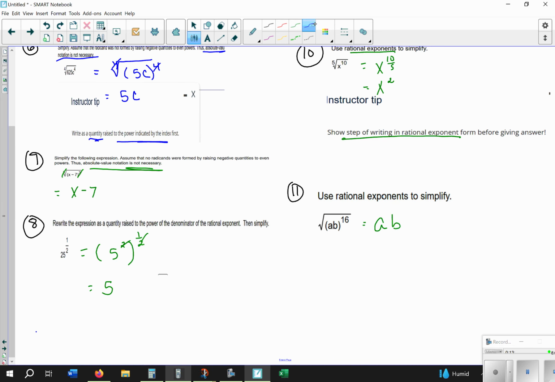And very importantly here, parentheses are required to be part of the answer. So we would have 16 over 2. Okay, this is the final answer. And then this would be equivalent.